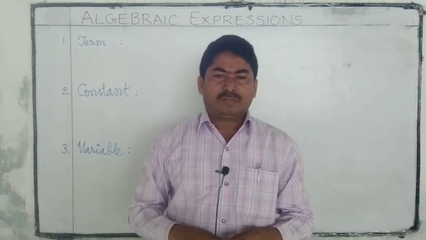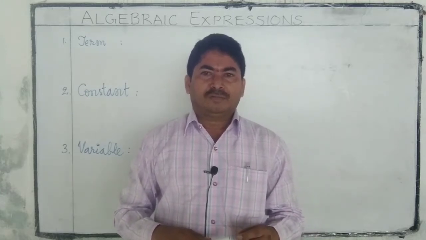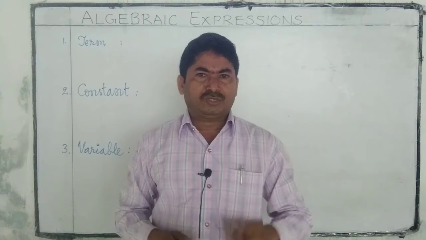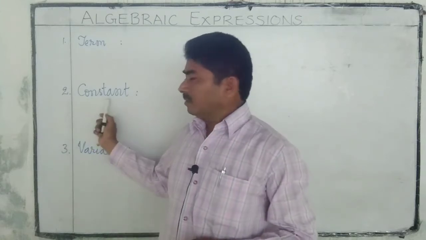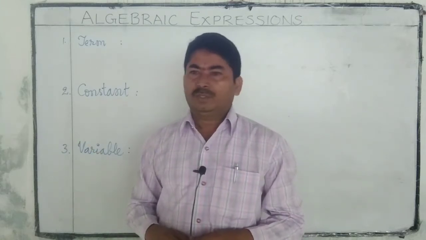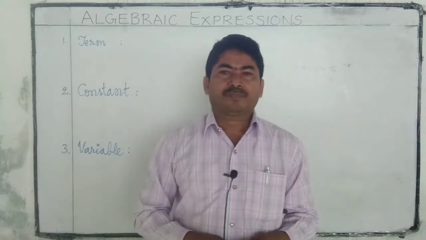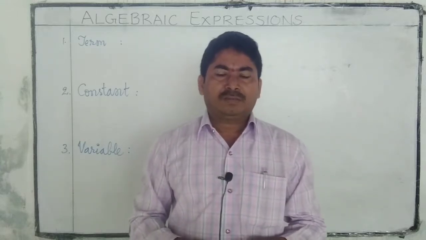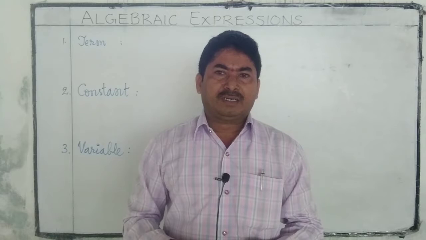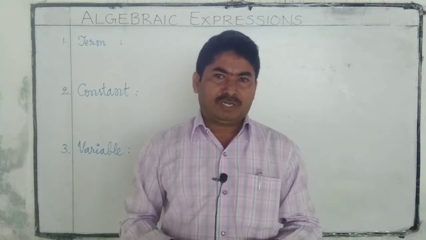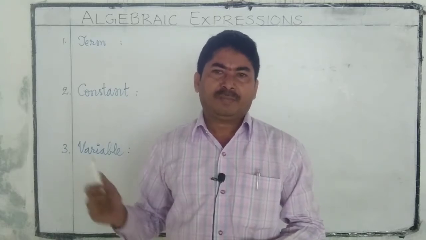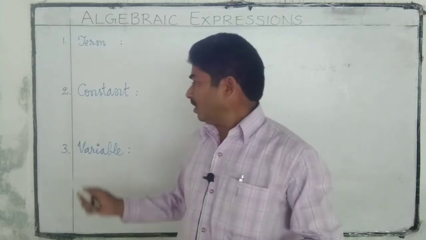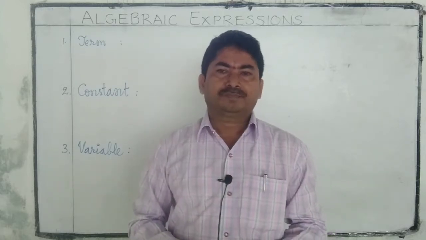The literal which has a fixed value is called a constant. What is a variable? The literal that take any of the value from the set of given values is called a variable.